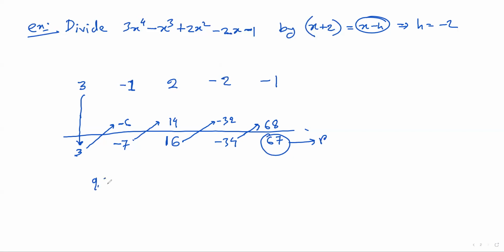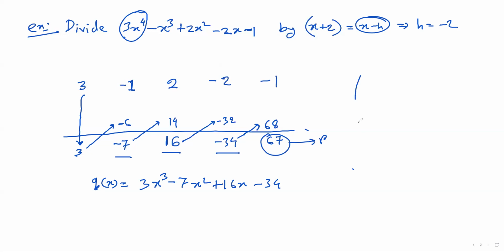So the quotient is, we have degree 4 here, so we start from cube: 3x cube minus 7x squared plus 16x minus 34.